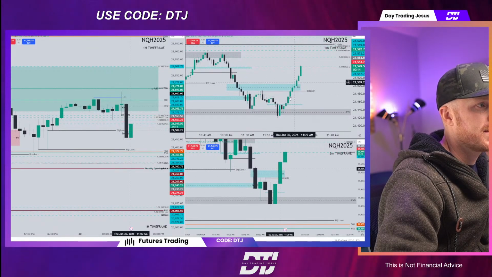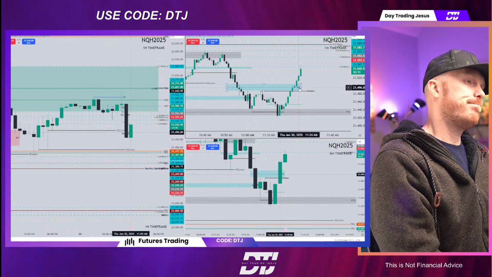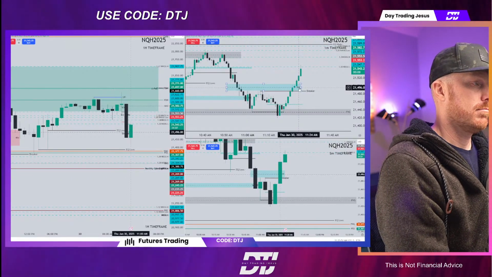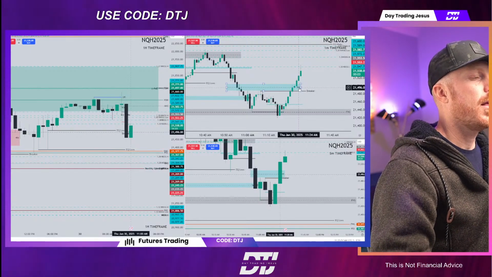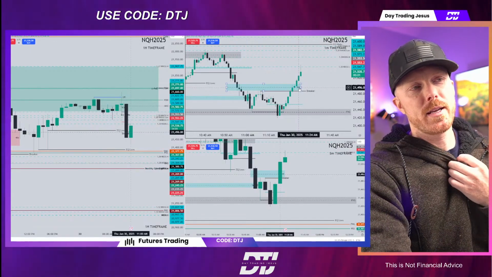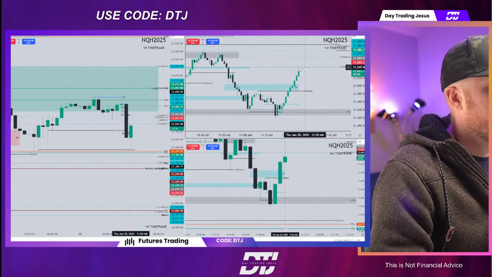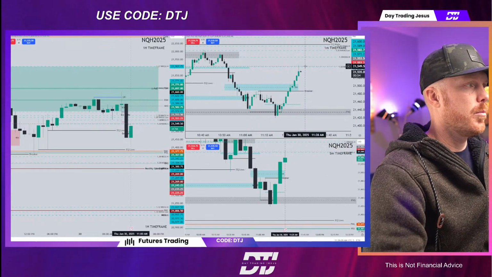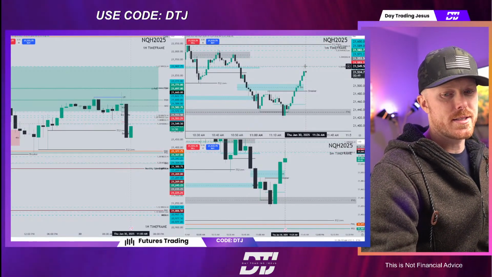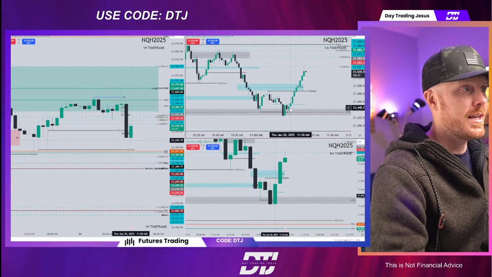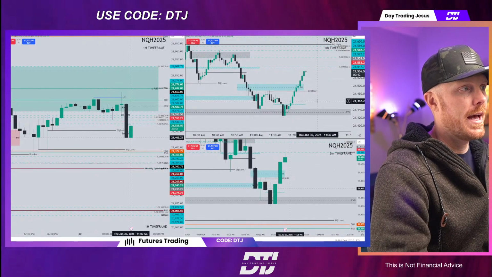Just the way price is delivering is very, very poor for me to recognize an entry. That's what I'm trying to say. Price is doing what price is doing. But for me to take an entry, I need to see certain characteristics in price that I'm not seeing. I'm seeing the characteristic of it spooling higher, but I don't have my entry.